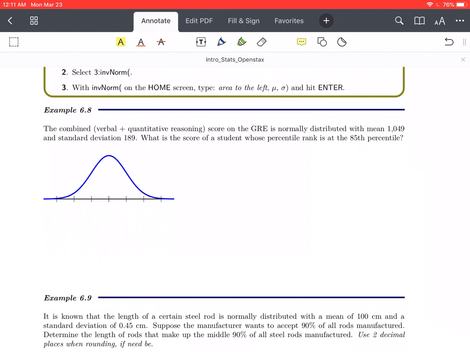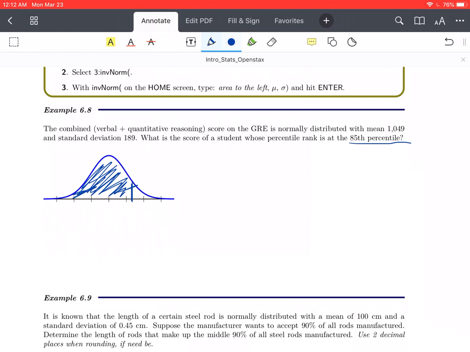So the 85th percentile. What does that mean? Well, it means that you scored better than 85% of everybody else that took it. So the student who scored in the 85th percentile is going to be somewhere up here. And all this data down here is going to add up to 85%, so 0.85. Okay, so that's 0.85 right in there.